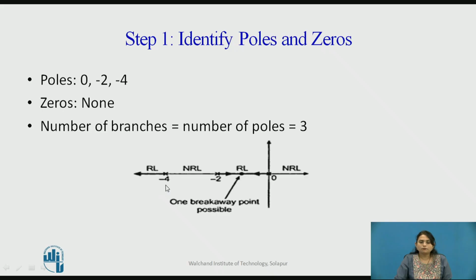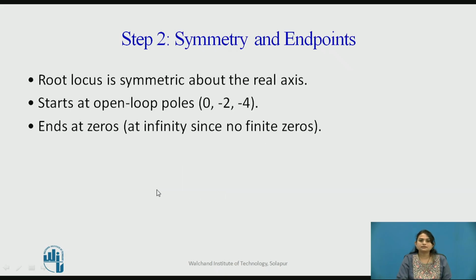From minus 4 onwards, to the right side of this region we have 3 poles and 0 zeros. The sum is 3, which is odd, so the root locus will lie here. One breakaway point will exist in the root locus region. So this is about plotting the poles and zeros.